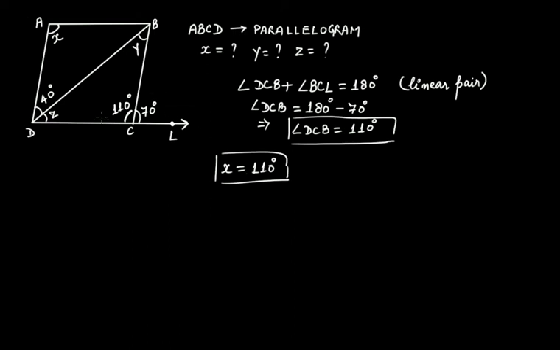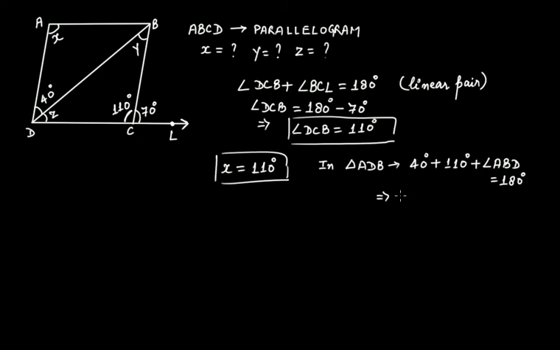So in this triangle, in triangle ADB, you have 40 degrees plus X, which is 110 degrees, and let's say that this is angle ABD, plus angle ABD is equal to what? 180 degrees.